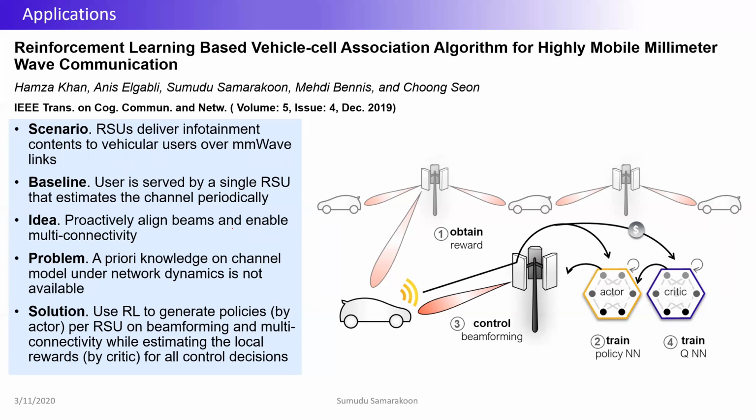In this paper, the idea is to make decisions beforehand and try to align these beams to enable multi-connectivity at the vehicle user. The problem is that prior knowledge of the channel model under this network dynamics is not available. Therefore, a reinforcement learning technique is used to generate policies for each roadside unit to align the beams and enable multi-connectivity at the vehicles.